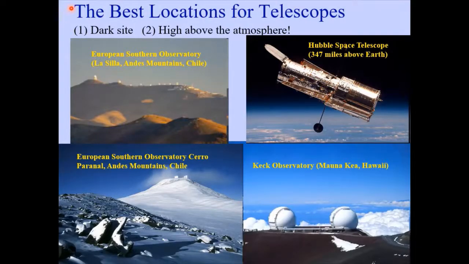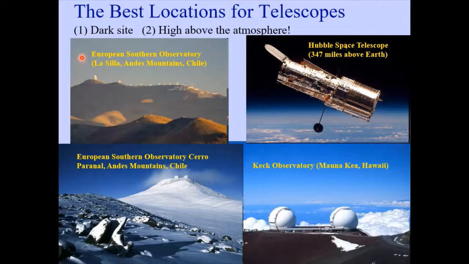So for the best locations for telescopes, we want to avoid light pollution, so we need a dark site, and we want to avoid the atmosphere, meaning we want to be high up on top of a mountain. So the top observatories that are built today are out at remote places on top of mountaintops.